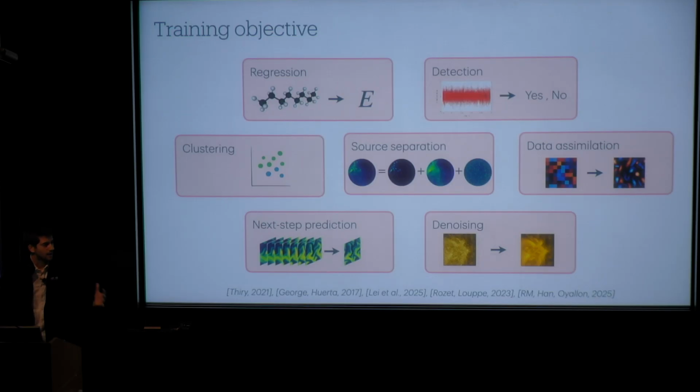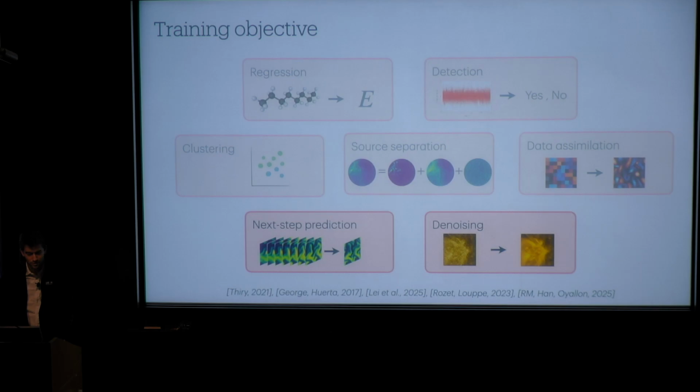And these two at the bottom, next step prediction and denoising, are more and more used for training large-scale models. Actually, some of the tasks, for example data assimilation, can be reframed in terms of denoising. It's not direct, but I could mention it.